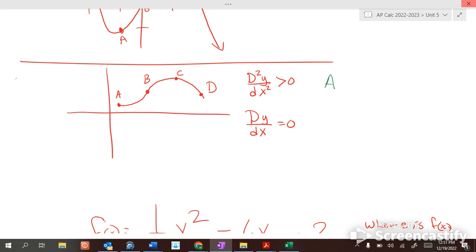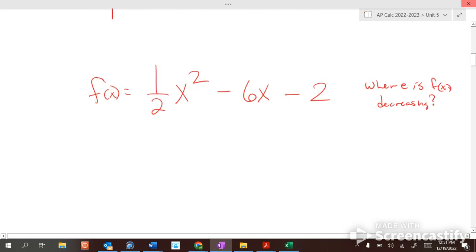B, the second derivative would be 0. Where is the first derivative equal to 0? It's both at A and C. So if they want one answer, the answer would be A. That fits both of these. Because at A, it looks to be horizontal for the slope, and the second derivative is a positive number.